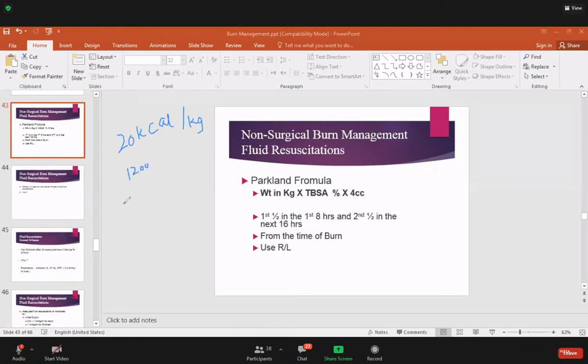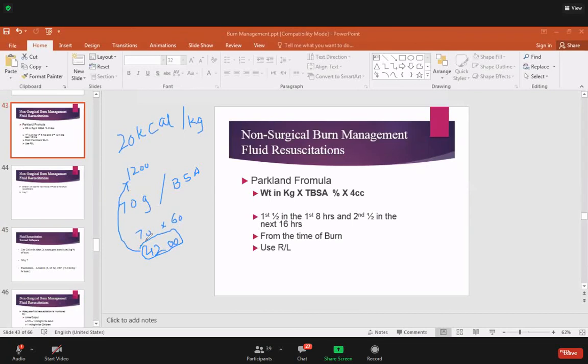But along with it, what we have to give? We have to give him 70 kilocalories per BSA, per body surface area. Now, his body surface area burnt is 60. So 60 into 70 is around 4200 kilocalories. These 4200 kilocalories will be added to 1200 to meet the caloric requirement for this patient.